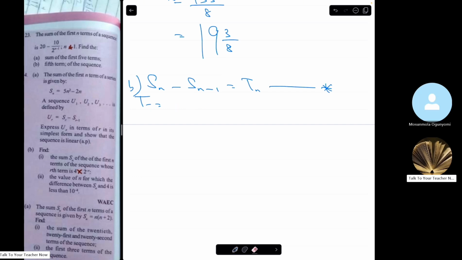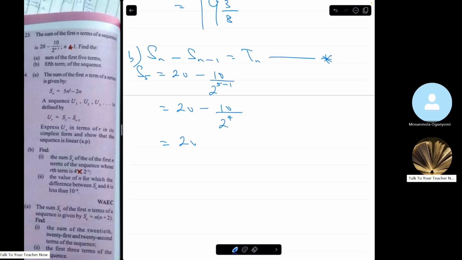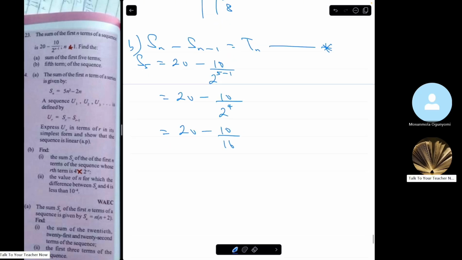Before we do that, let's find S5 first. S5 will be 20 minus 10 over 2 raised to power 5 minus 1, and that will be 20 minus 10 over 2 raised to power 4, which is 20 minus 10 over 16.